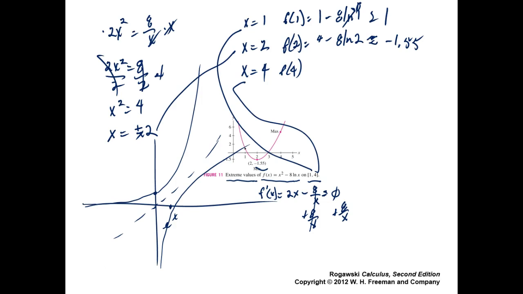We got either a max or a min. We just got to see what the third one is. And f of 4 would then be 16, 4 squared, minus 8 times the log of 4. And that's going to need another calculation, one that I can't do in my head.